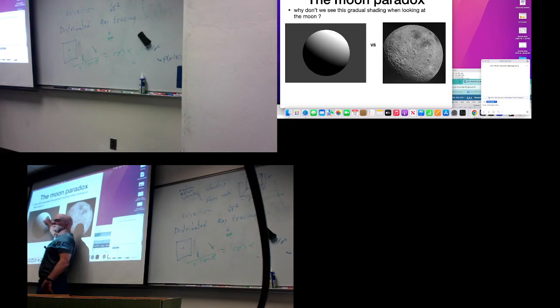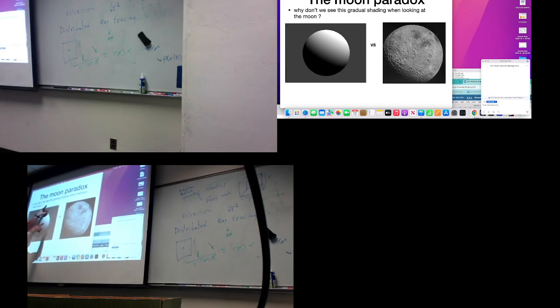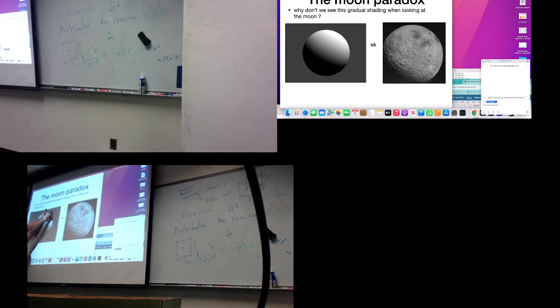If you believe the literal math that I just showed you, then when I look at the moon, there is an area exposed to the sun, most illuminated, and as I'm going down the surface of the moon, the intensity should change according to cosine alpha, the cosine of the angle between the sun and the normal.